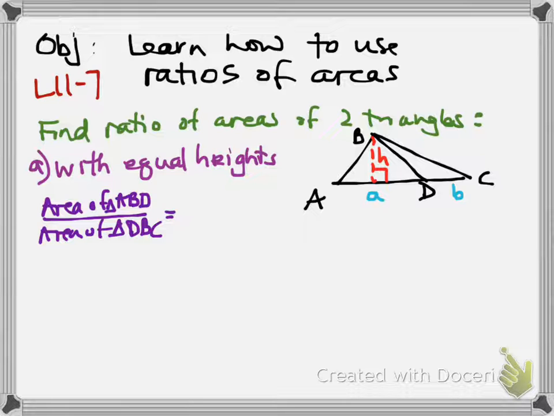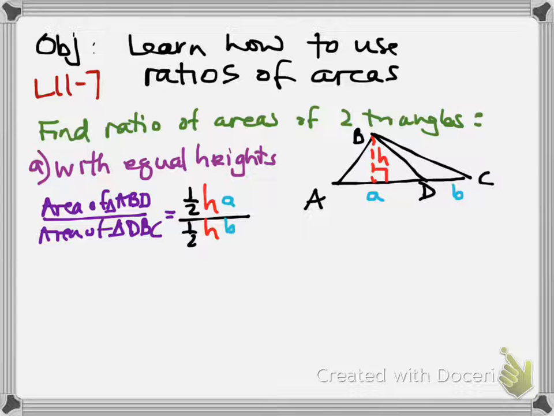So when I'm trying to figure out the area of triangle ABD, it's going to be 1/2 the height times its base, which is a. Ratio means to divide. And then it's going to be 1/2, and the height's the same. It just happens to be outside of that triangle DBC. And its base is a little b.